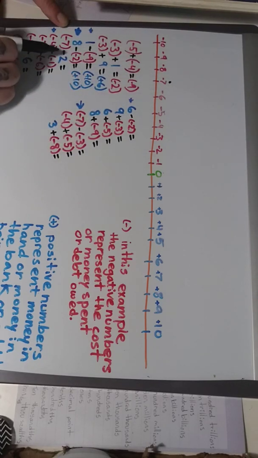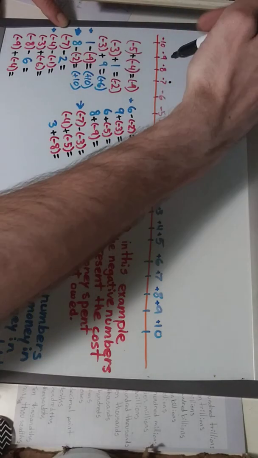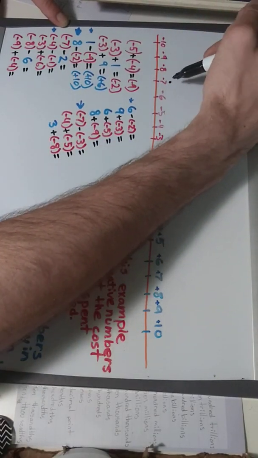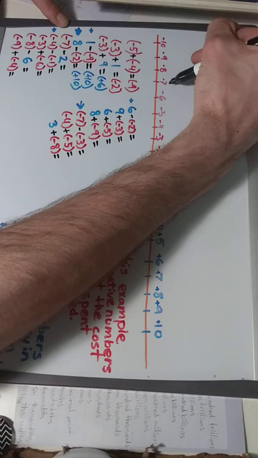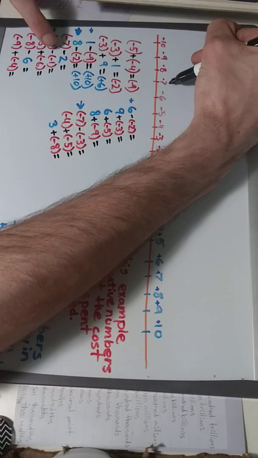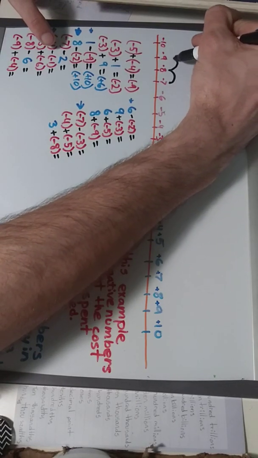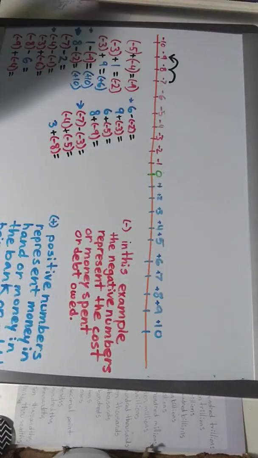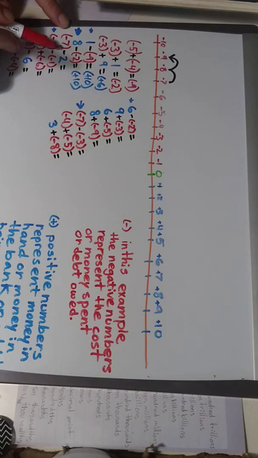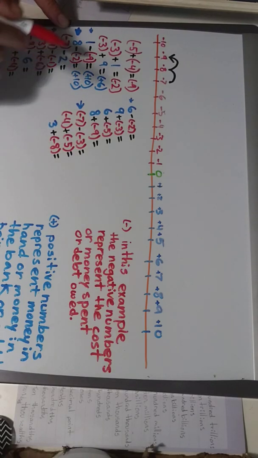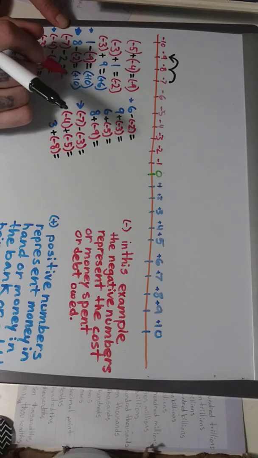So that is also like giving someone else a debt, or we're paying something we owed. So negative 7, take away positive 2. 1, 2, equals negative 9. So negative 7, take away positive 2 equals negative 9.